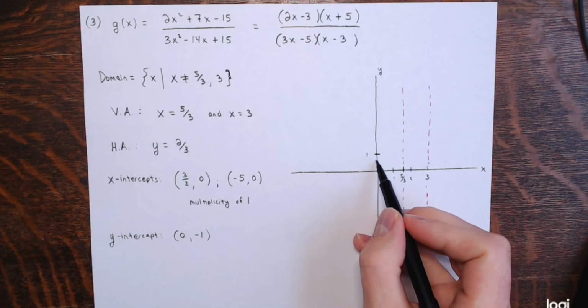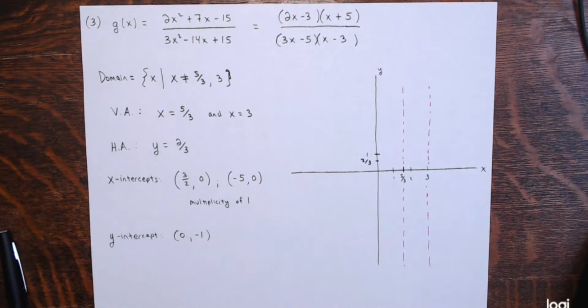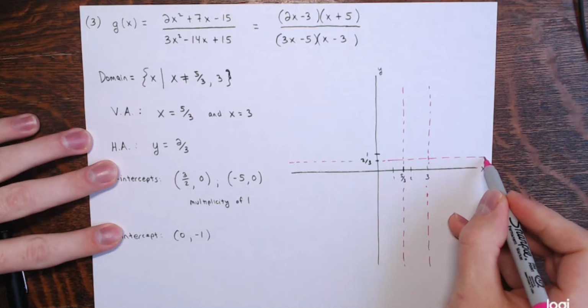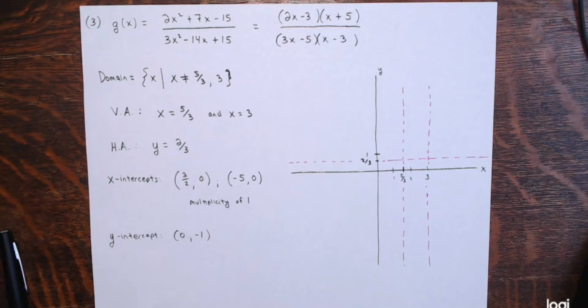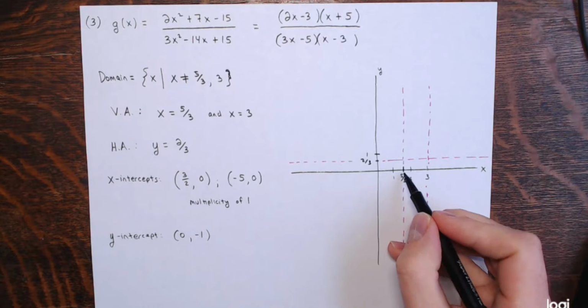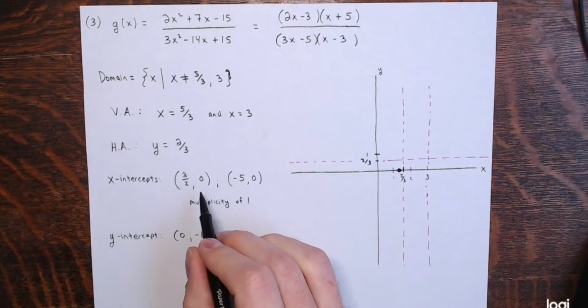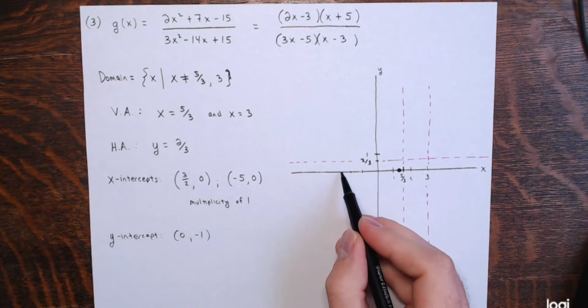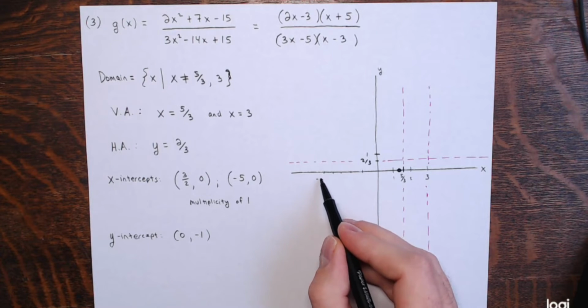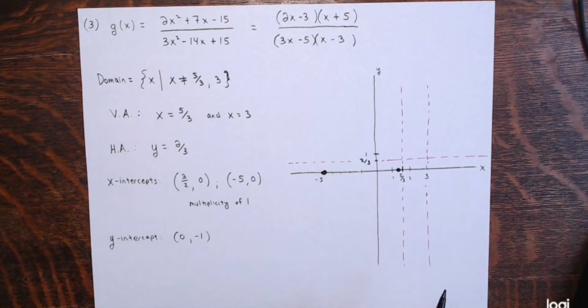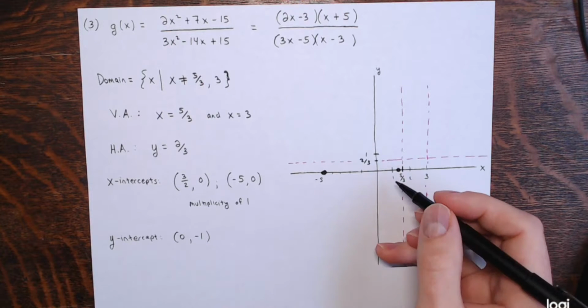Say here's 1, let's say 2/3 is there. Horizontal asymptote. Intercepts 1.5. Now 1 and 2/3 is bigger than 1.5, so say 1.5 is here. There's an x-intercept at 1.5 and at negative 5. Okay, so I definitely need some other points here, and then 0, -1.